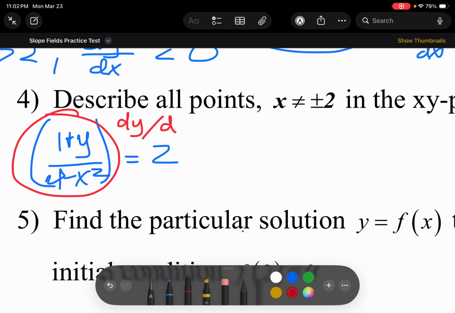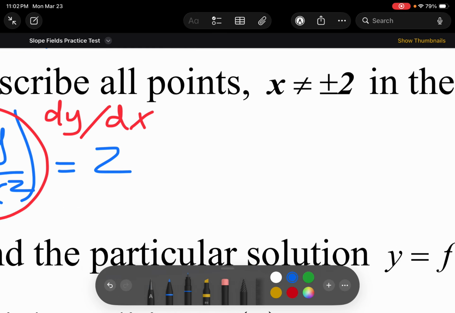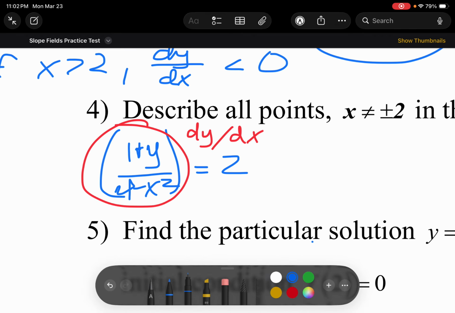This is dy dx. Okay? Then I'm just going to move this up. So it's going to be 1 plus y. We're going to multiply both sides by 4 plus x squared. Oh, it's minus x squared. 4 minus x squared.